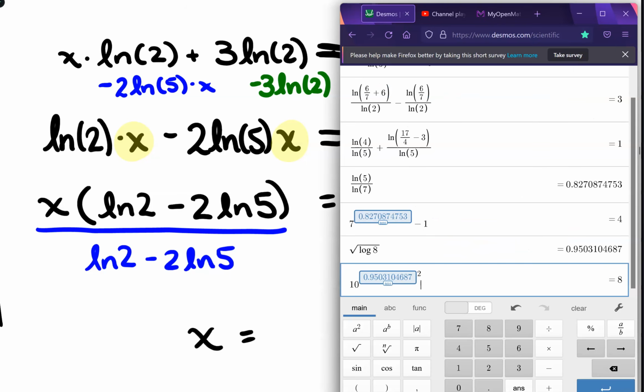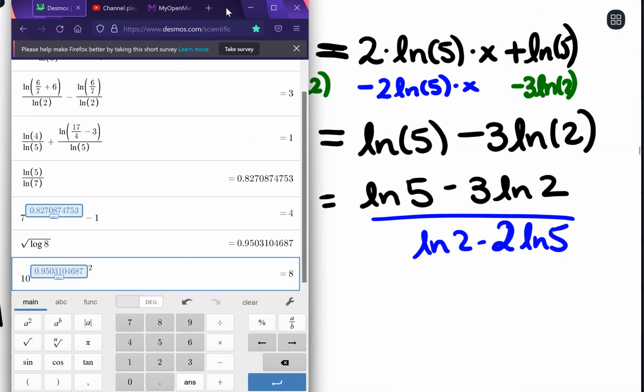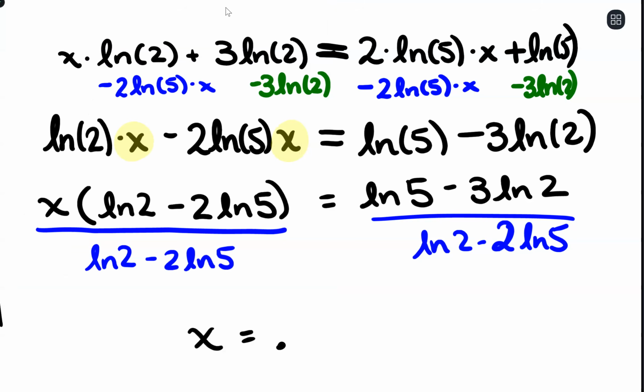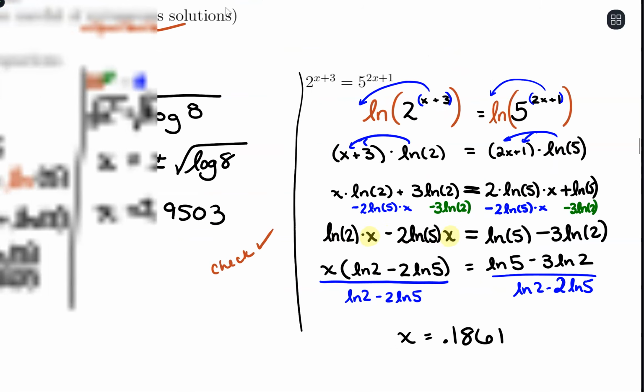So I'm going to go to my calculator and do, let's see, fraction, natural log 5 minus 3 natural log 2 over natural log 2 minus 2 natural log 5. So we're getting 0.1861, and let's see if that's even right.